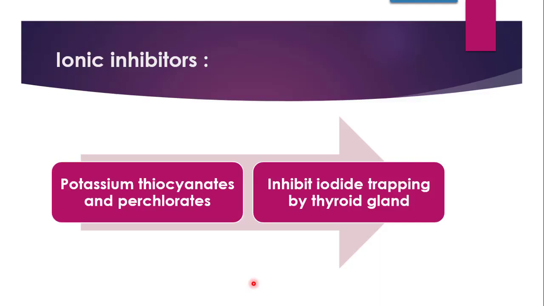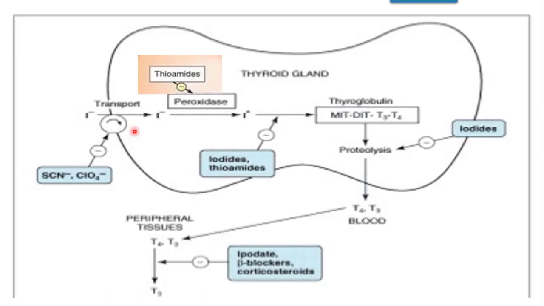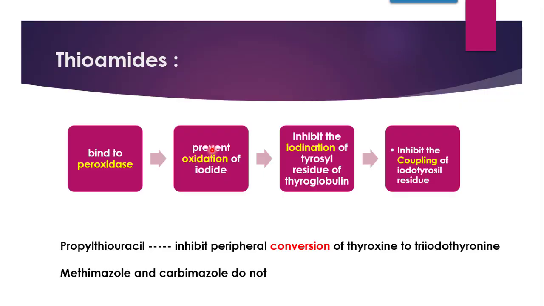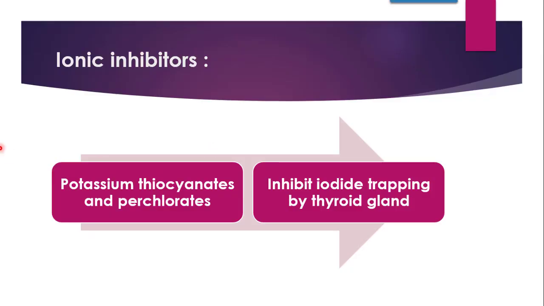Then coming towards the next class, if you see the classification, the next class inhibits the iodide trapping, that is ionic inhibitors, which include thiocyanates, perchlorates and nitrates. The ionic inhibitors such as potassium thiocyanate and perchlorates will inhibit the iodide trapping by the thyroid gland.